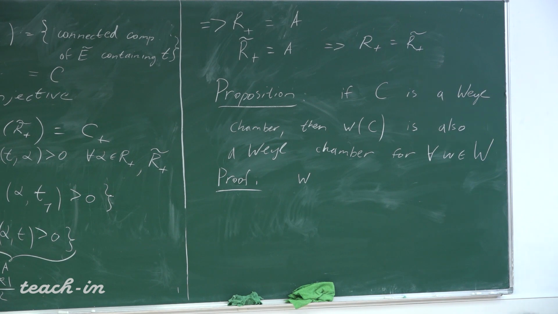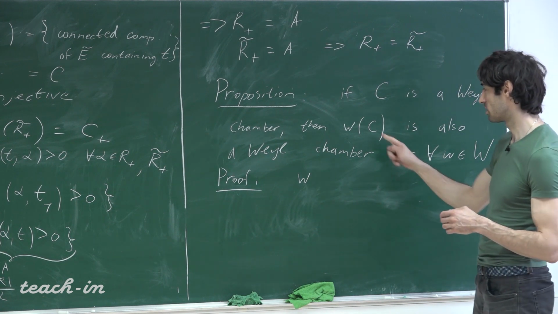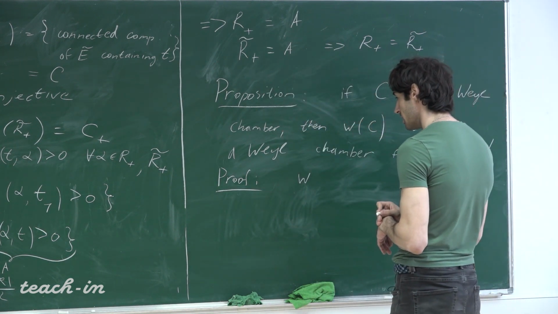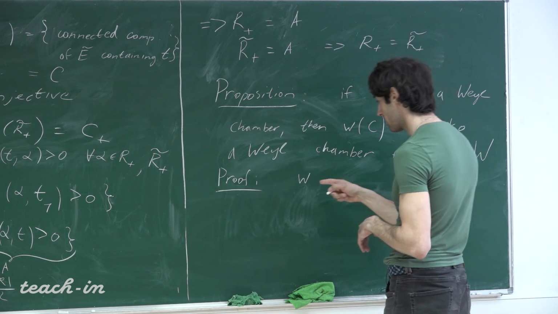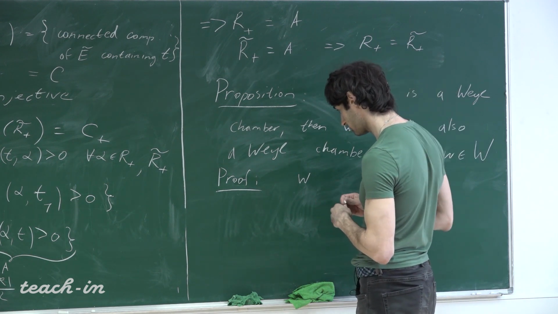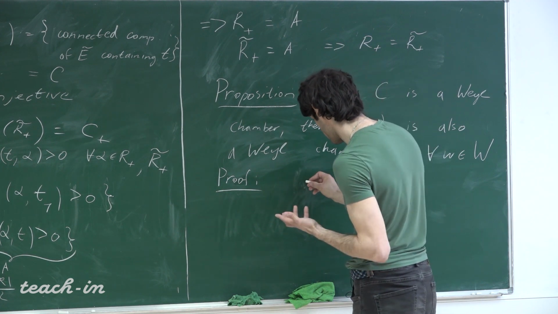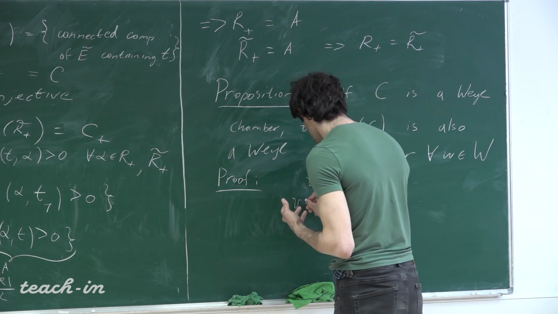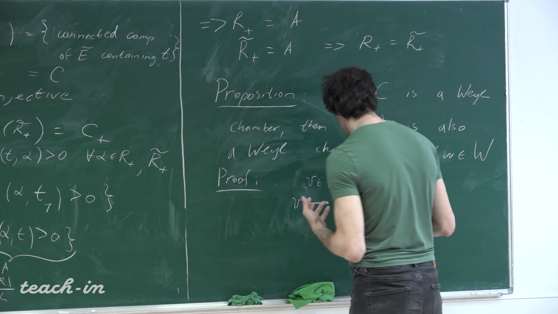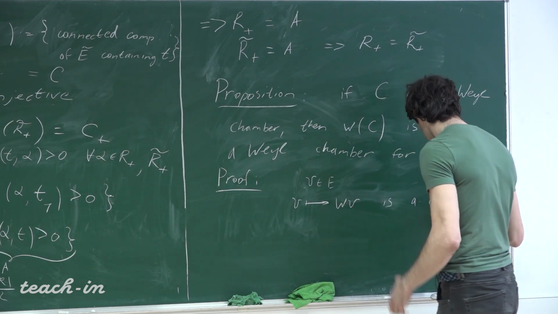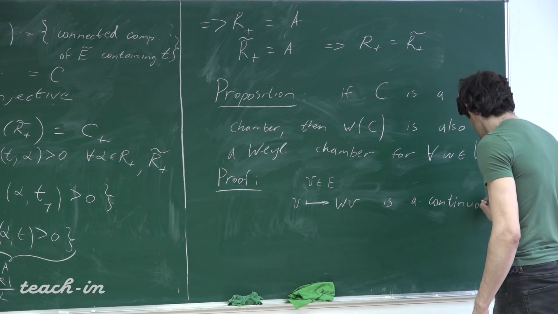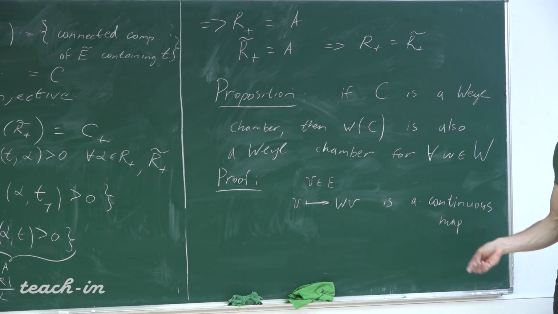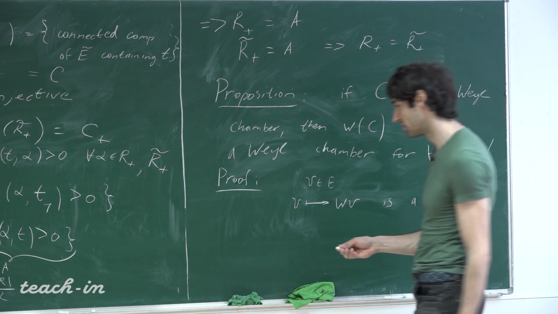So it's defined by its action on E. If I take some V from E, then V to WV is of course a continuous map, so therefore connected component goes to connected component.